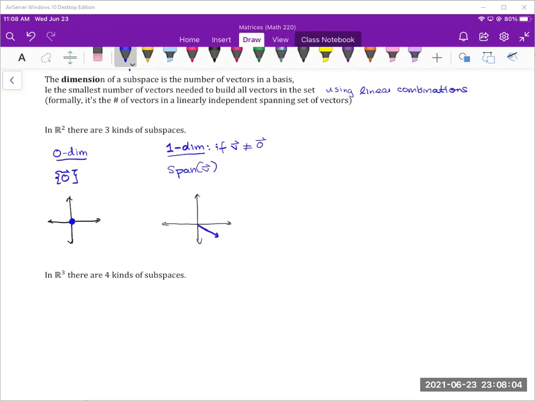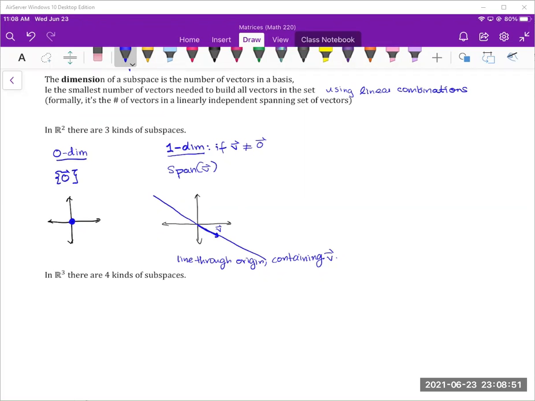So if we think about where our scalar multiples are, what does this look like? This is a line through the origin that contains the vector v. So the 1-dimensional subspaces in R2 are going to be all of the lines that go through the origin. Okay. Remember, we have to contain that 0 vector, and so lines that don't go through the origin will not be subspaces.